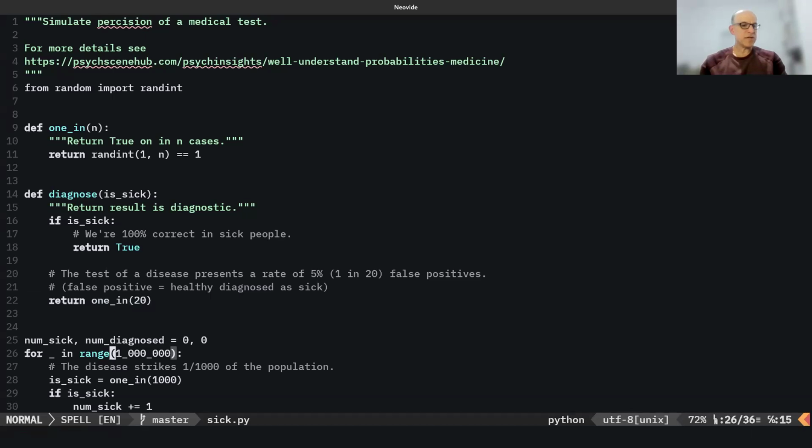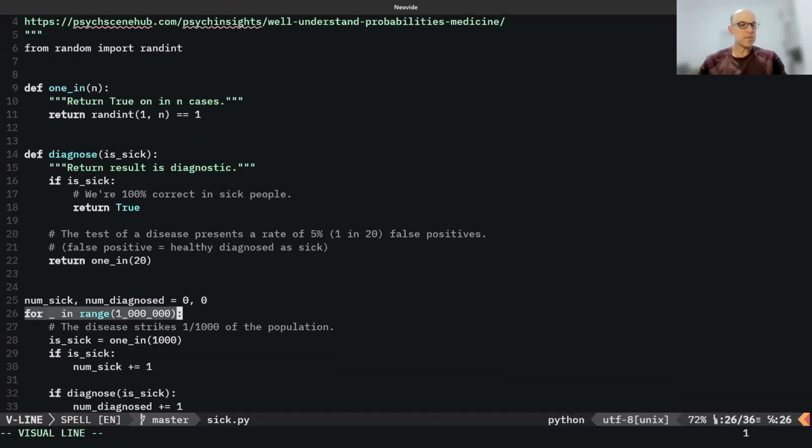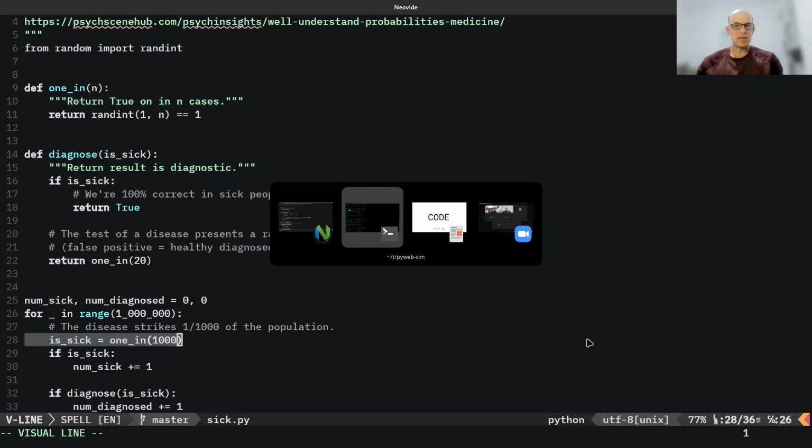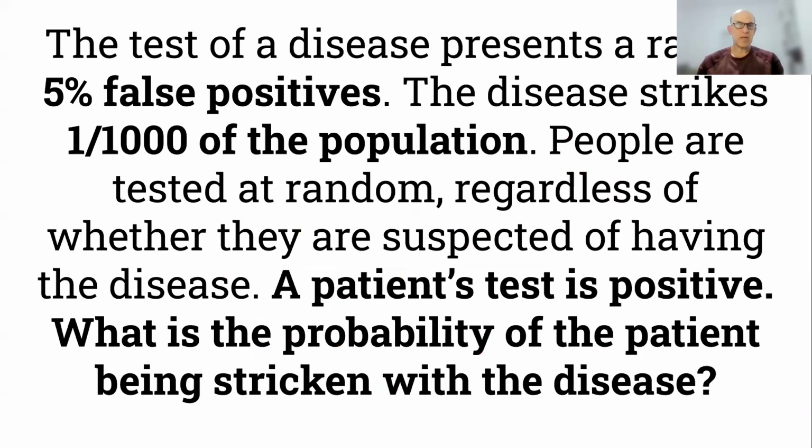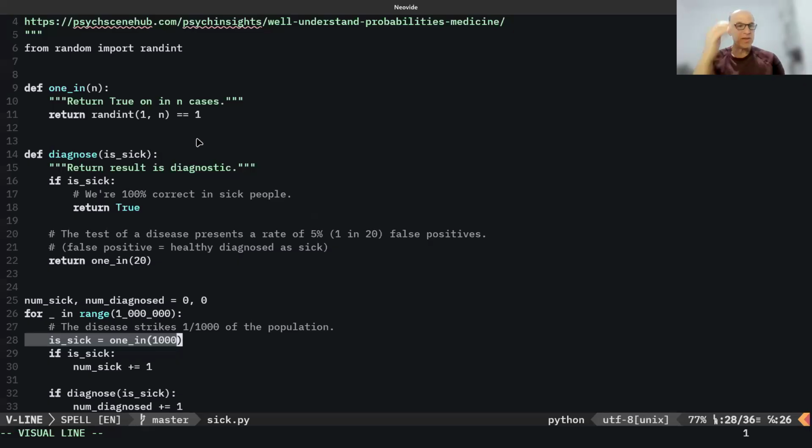So now the number of sick people and the number of people who are diagnosed as sick are both starting at 0. And now we are running a million simulations. For every one of them, we are picking a person at random. The disease strikes one of every 1,000 people in the population, so there's a 1 in 1,000 chance that this person is sick.